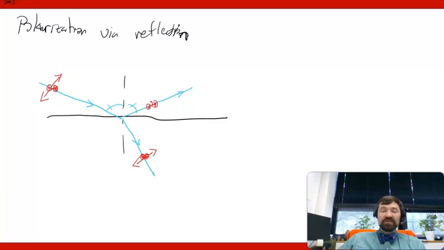Note that this is poking out of the page or into the page, and as a result is perpendicular to this.